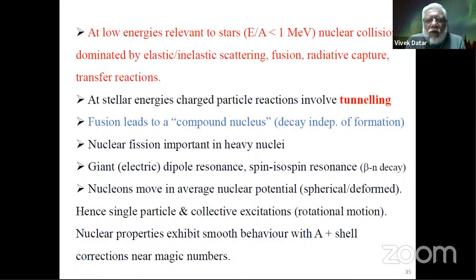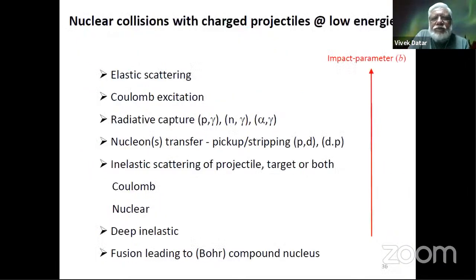Many of the nuclear properties exhibit a smooth behavior with A, but there are shell corrections near the so-called magic numbers. So these things have been studied over the years. Okay, as I said, nuclear collisions at low energies exhibit a variety of processes.